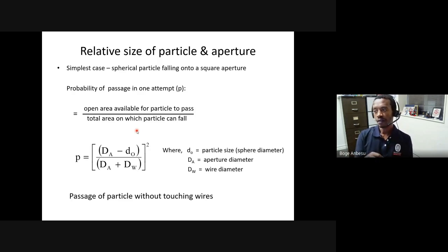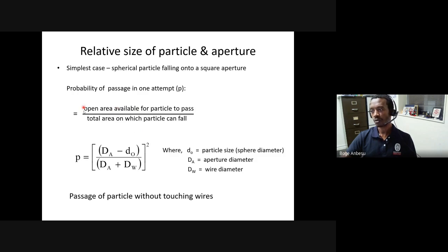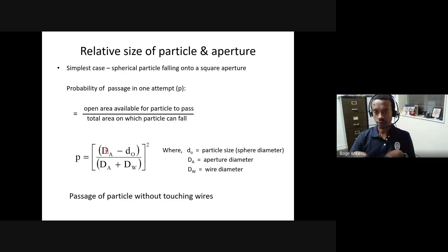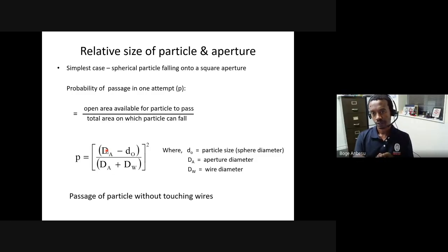So obviously, if the open area is larger, for example 60% open area on the surface, the probability of passage is going to increase significantly because probability of passage depends on the open area available. In this case, if it's a woven wire, probability of passage will depend on the diameter of the aperture, which is the size of the opening, how big or how small the holes are, and the size of the particles falling on it. This is D_O.